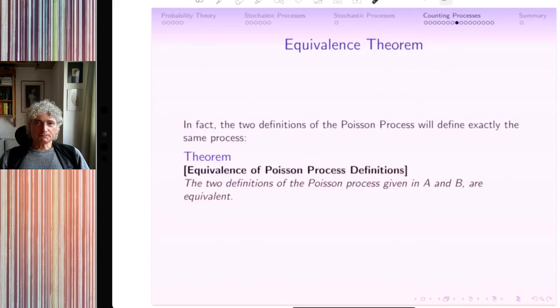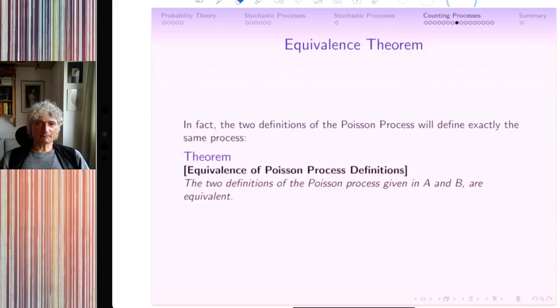Now we come to the equivalence theorem, and that's easy to state. It just says the 2 definitions of the Poisson process given in these 2 definitions, A and capital B, are equivalent. Now the proof of this is very interesting because it also introduces a lot of techniques which we like to have in the course.